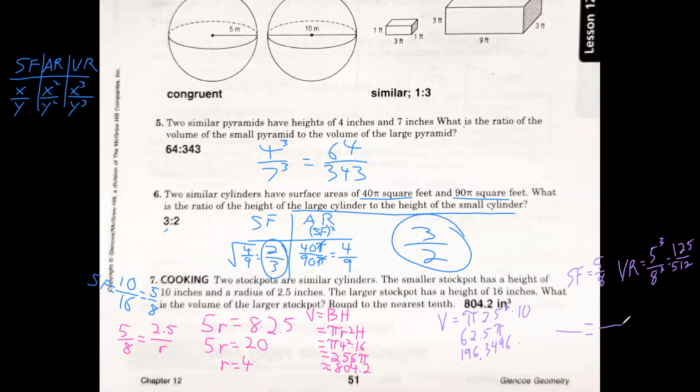Now we can set a proportion. So we have our ratio. We have our volume of the small one. We need the volume of the big one. Cross multiply and solve.